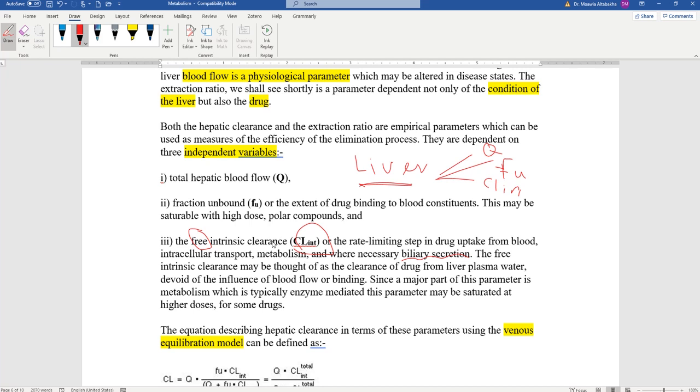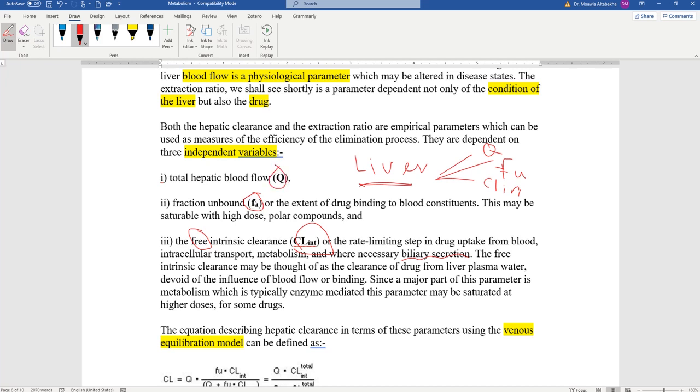Depends on how fast you go down to the cars, how many cars are there, and how many seats are there in the cars and buses. Right or not? This is what I want you to think about when I say intrinsic clearance. It's like the capacity of the liver to metabolize in the absence of any other factor such as the unbound fraction and the blood flow.